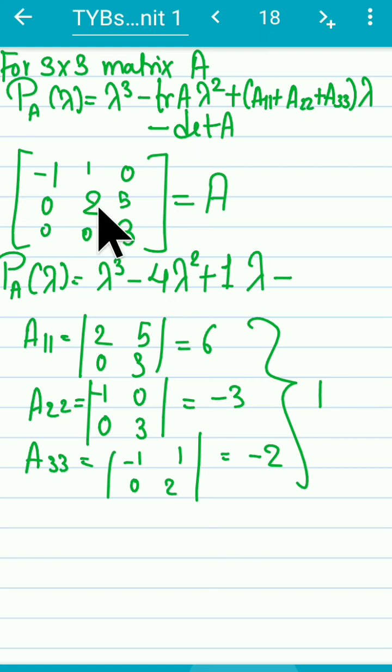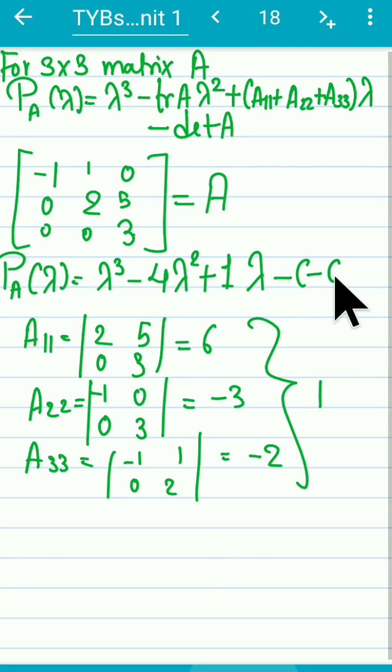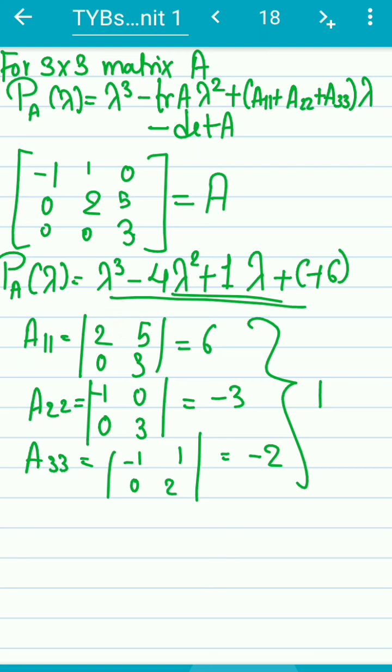So the determinant of this is 3 into 2 into minus 1, which is minus 6. Correct? So you can make this plus. This is your characteristic polynomial for this matrix. It's really simple and will save lots of your time. But for now, I think it's enough.